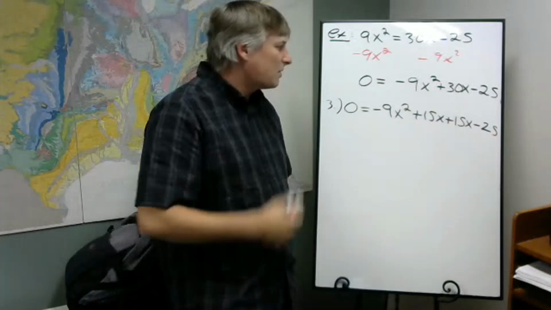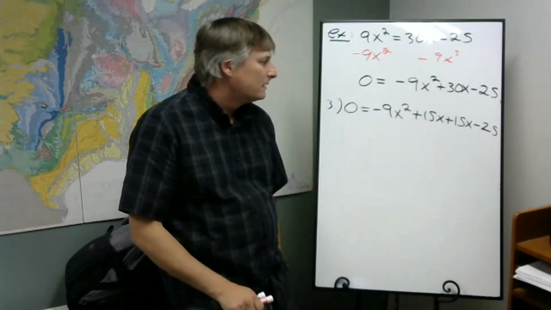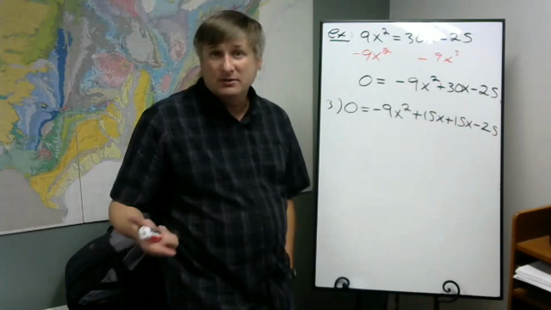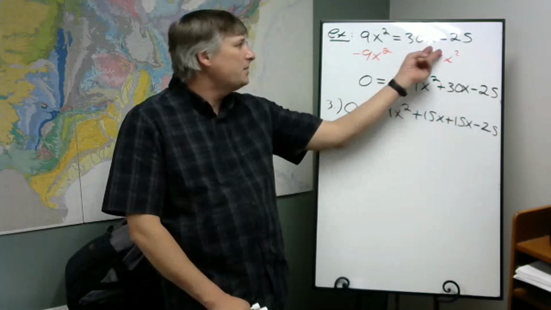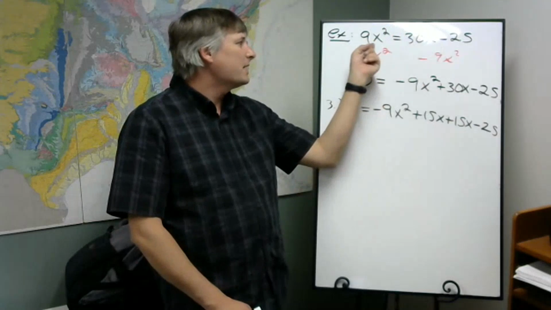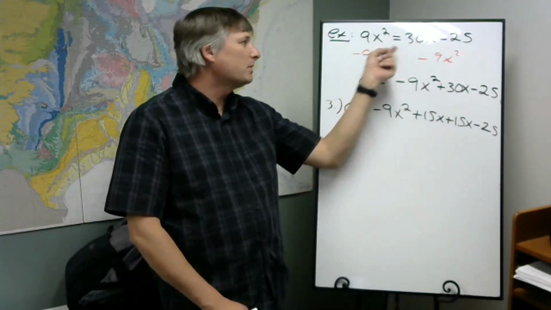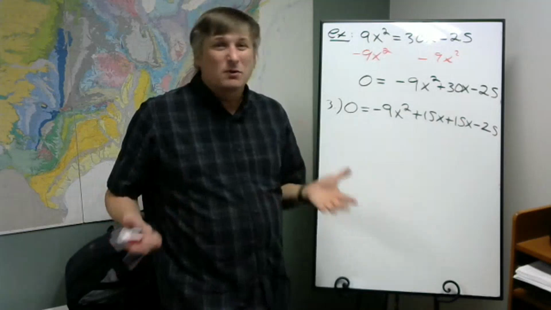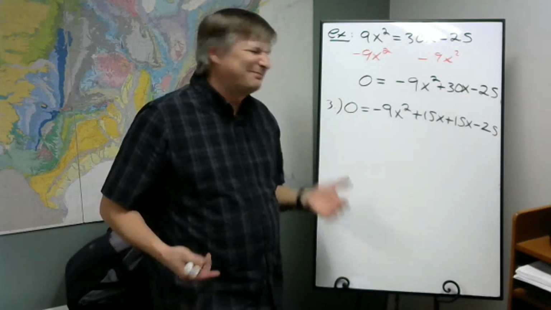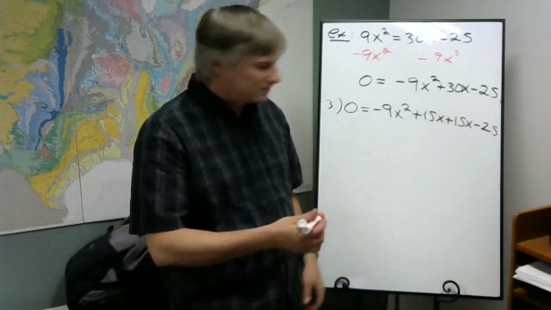Now here you can see an argument why you try to make things as positive as you can. Because if we move these two terms over, you have 9x squared, a minus 30, and a plus 25. So it's just fewer minus ones we have to deal with, but it's not the end of the world.